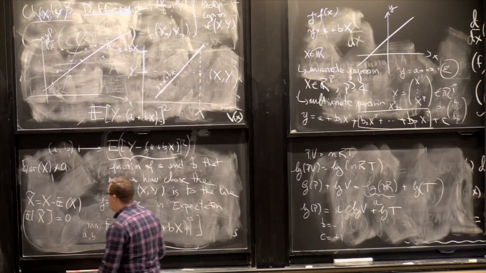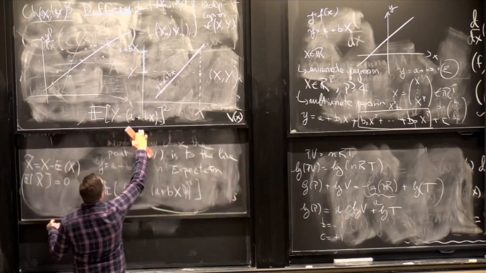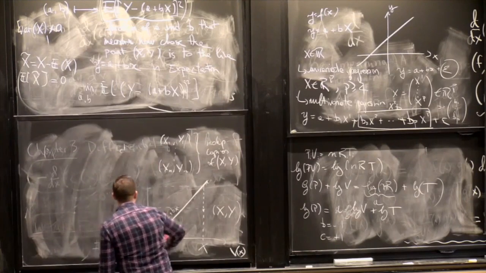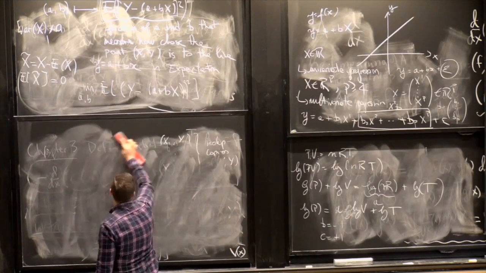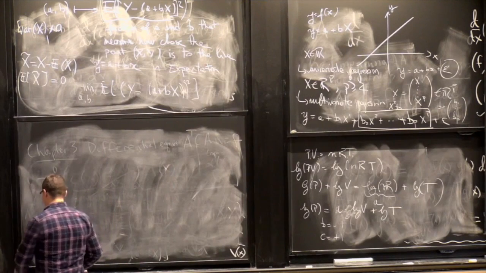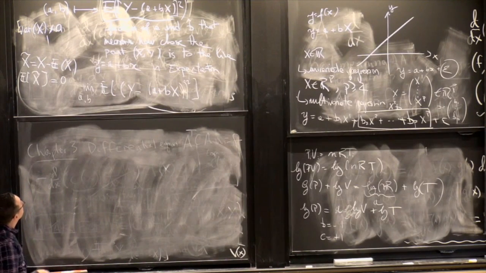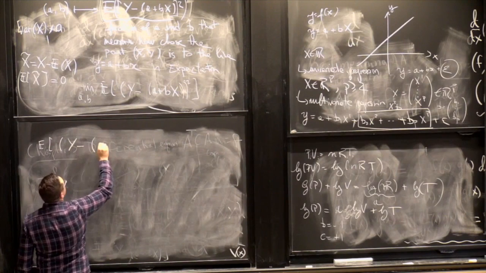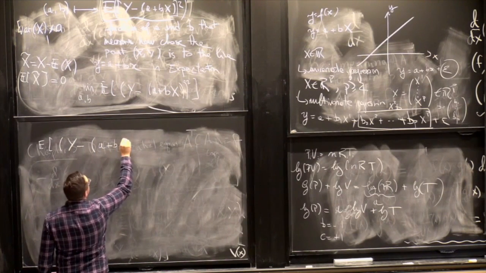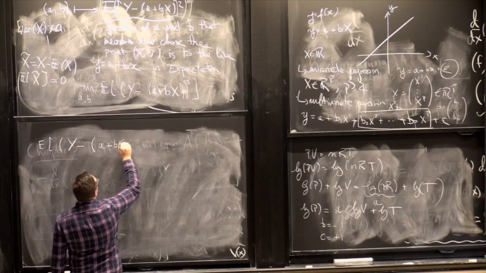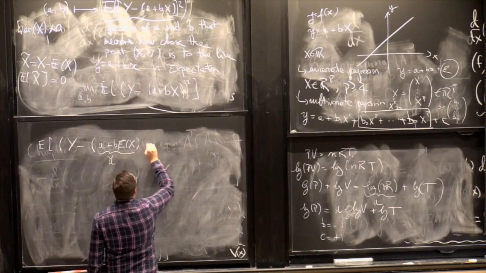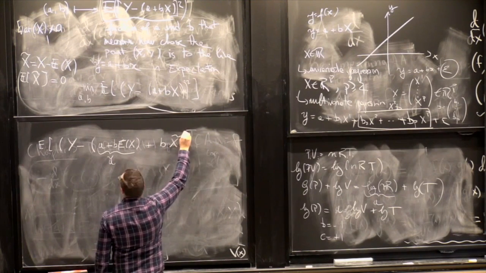The way I'm going to do this is by turning x into x tilde and putting the extra expectation of x into the a. So I'm going to write this as the expectation of y minus a plus b expectation of x, which I'm going to call a tilde, plus b x tilde.